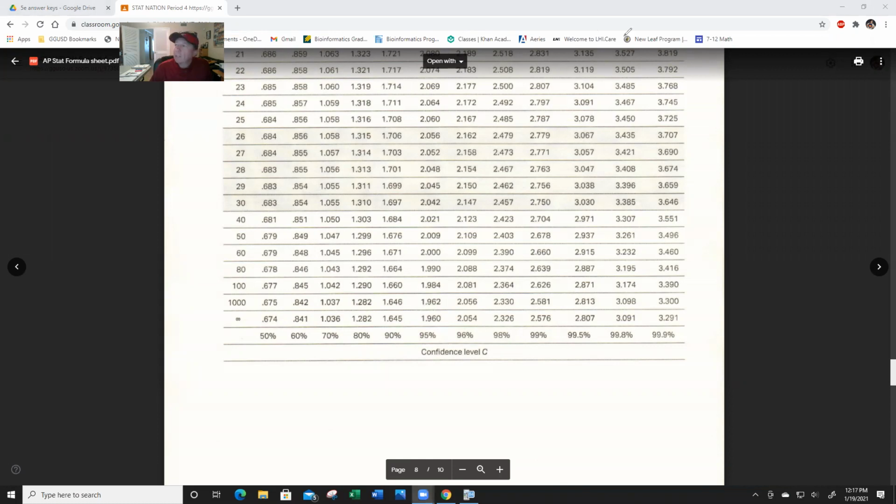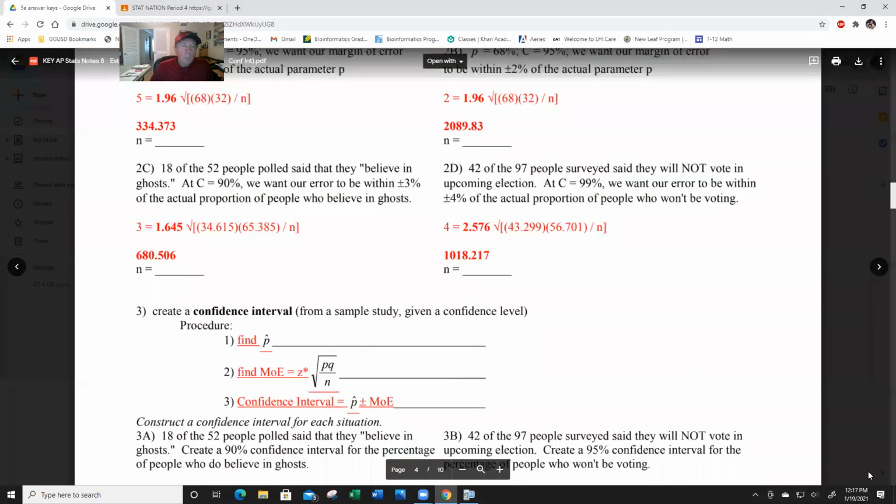So let me go back to this. Okay, so I'm going to write it out even though it's written there again. So I'm going to go 1.645 times, 18 out of 52 is about 35%.